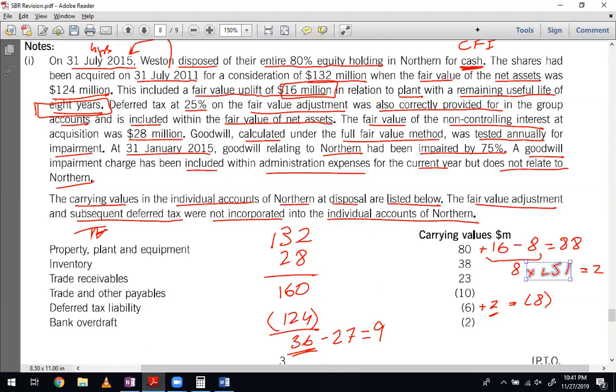You calculated 25%. Cindy, actually the question had mentioned 16 million relates to the plant. So that is the 16 million we have added over here. Because that 16 million only relates to the plant, that is why we have only added to the PPE. Getting this, Cindy?